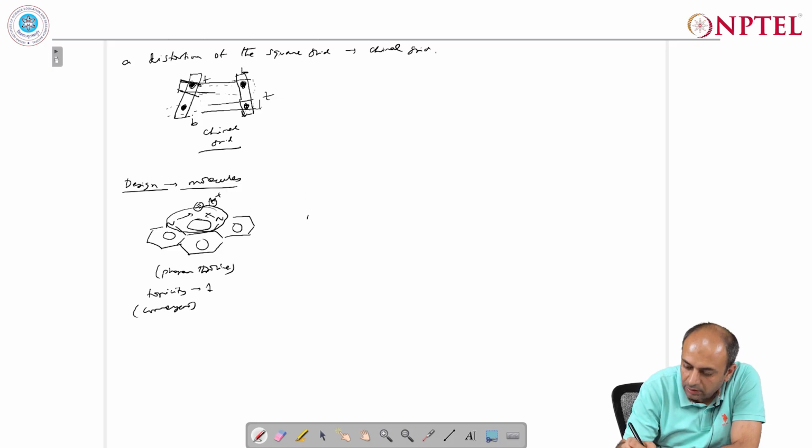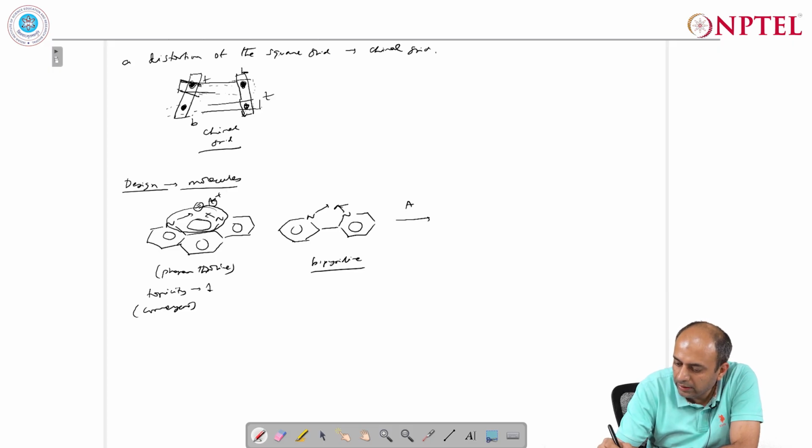and now we can have another ligand, for example a bipyridine. This again has got donor atoms, so this has got topicity 1, and now we can combine it with AgL4 plus or CuL4 plus, where L is a monodentate ligand.